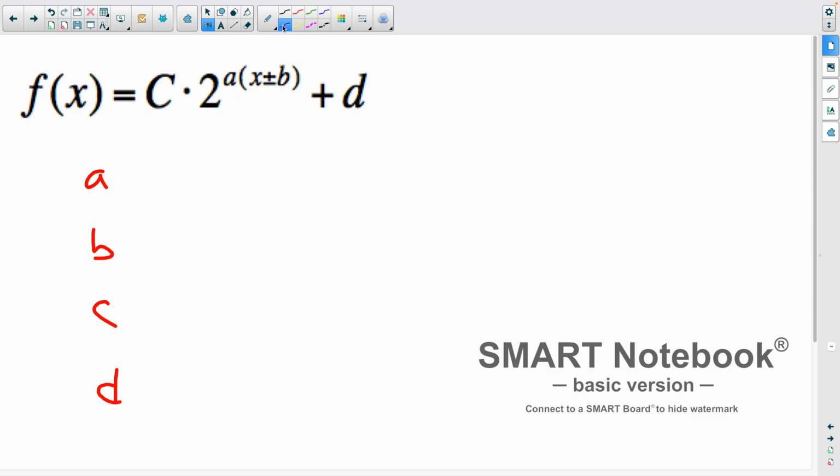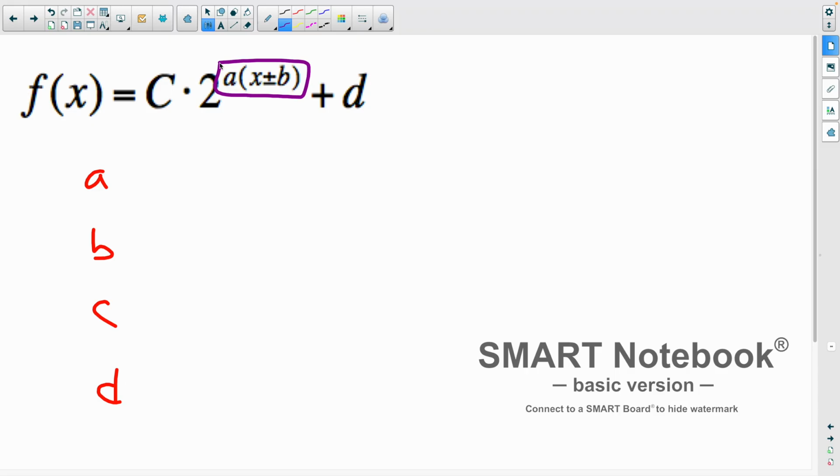In an exponential function, where are the parentheses? Where's inside the function? Everything inside the exponent is inside the parentheses or inside the function.